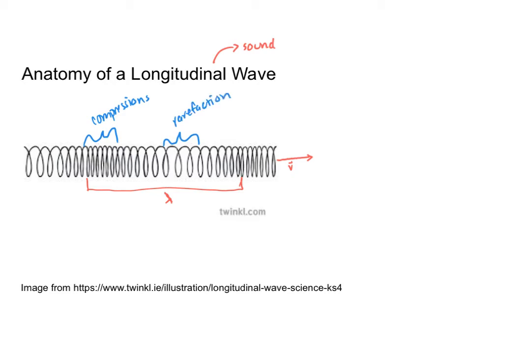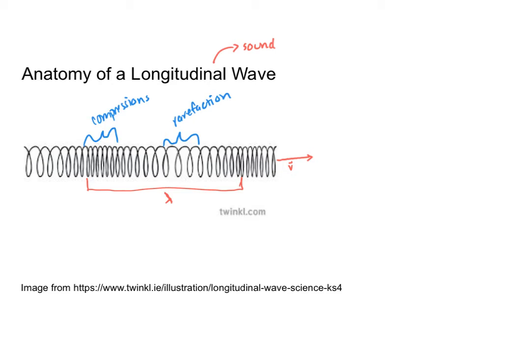And note it's rarefaction, not refraction. Rarefaction is the areas where there's more space between wavefronts. It's that wider part. So think about when you bounce a slinky around, where the slinky is close together, we've got a compression. Where it's far apart, we've got a rarefaction.